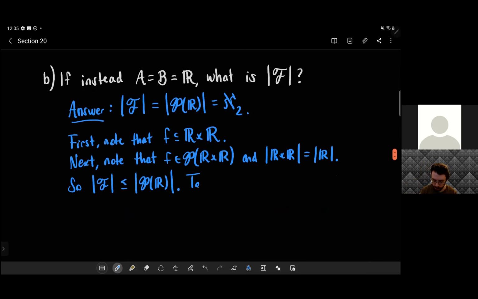So next step, I want to show the inequality in the other direction. So to show F is actually greater than or equal in cardinality to that of the power set of R. You just have one more step, and this also involves something we've seen before.